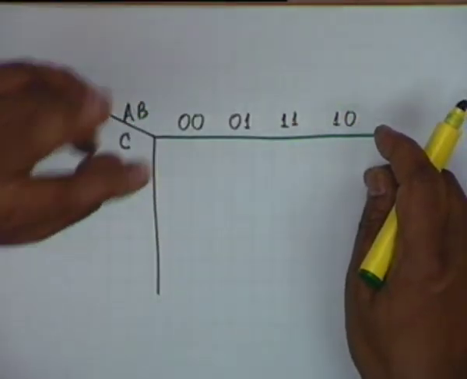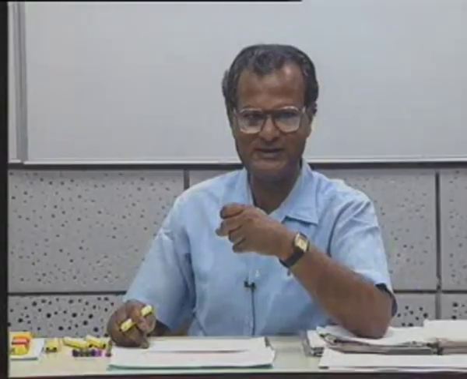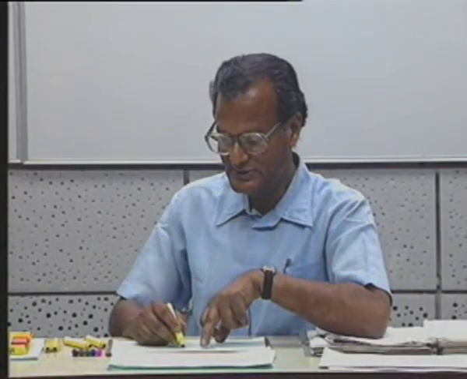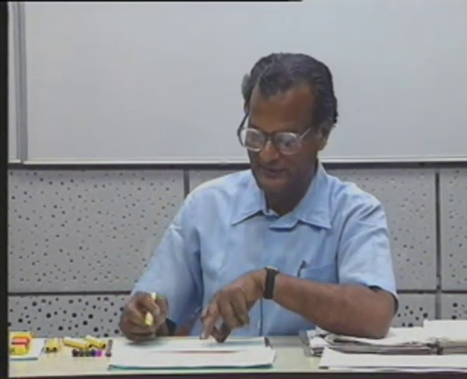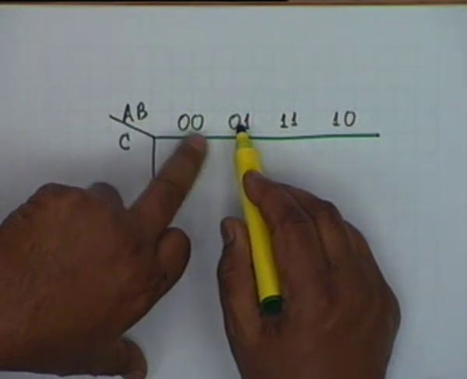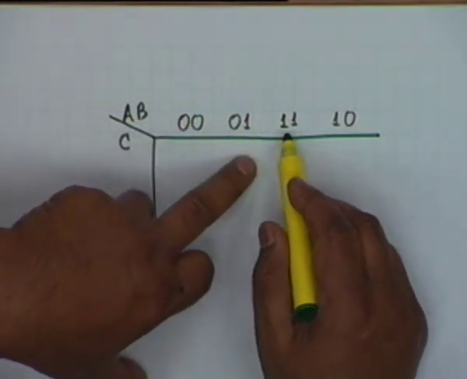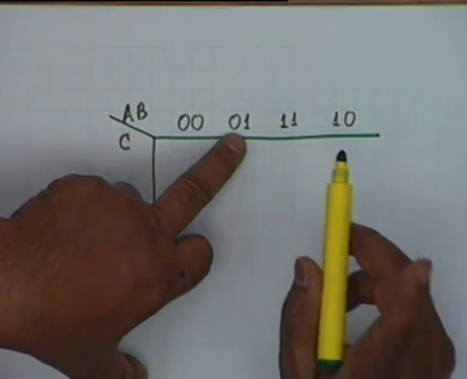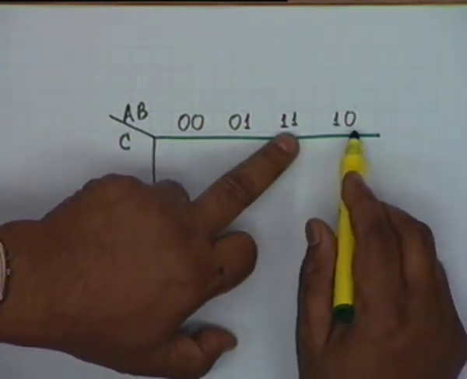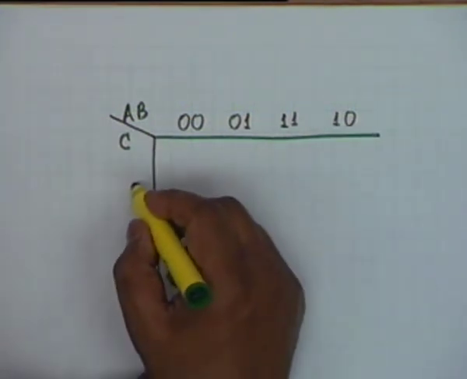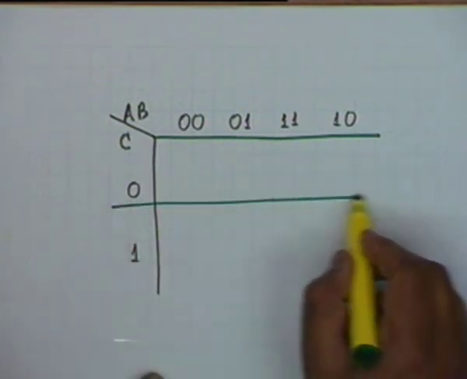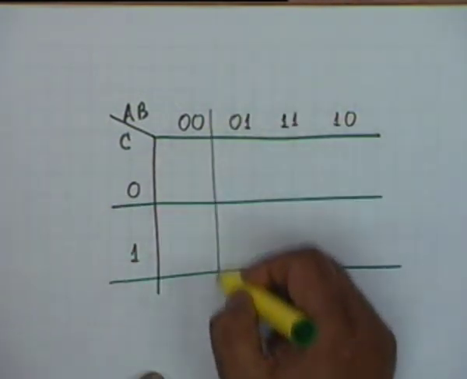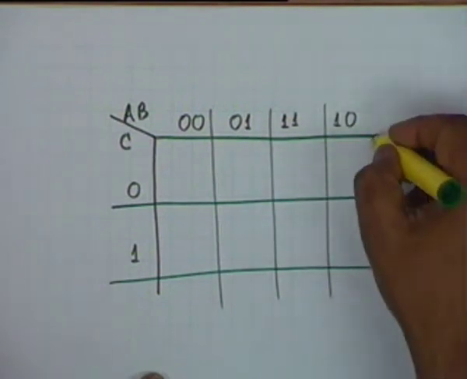This is the discipline that one has to exercise. All right. Consecutive numbers must not have more than one bit which is different. 0, 0, 0, 1, only the second bit is different. 0, 1 and 1, 1, only the first bit is different. 1, 1 and 1, 0, only the second bit is different. Okay, these are the possible combinations, and C can be either 0 or 1. Then you draw squares like this.